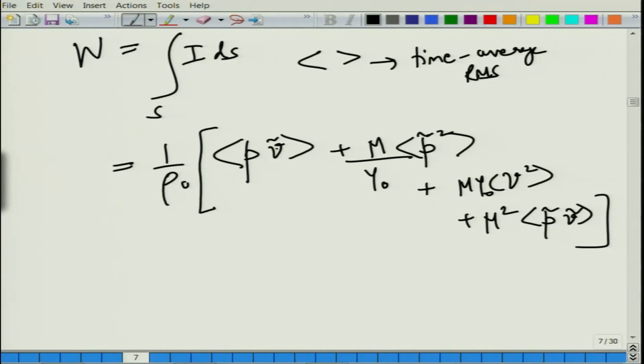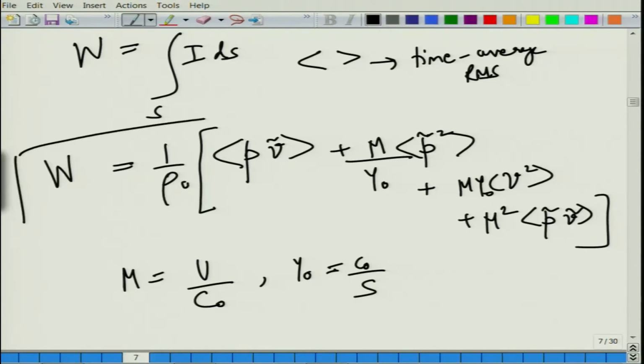So, here V, like I said, is the acoustic mass velocity and M is the space averaged or mean flow Mach number, averaged over the duct cross section area, and y naught is your characteristic impedance. This is the total acoustic power time averaged.